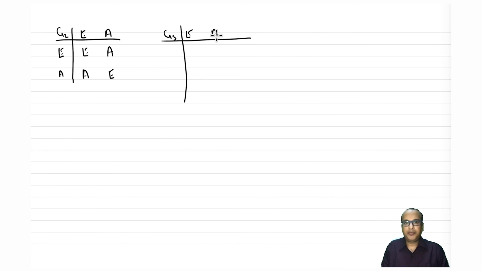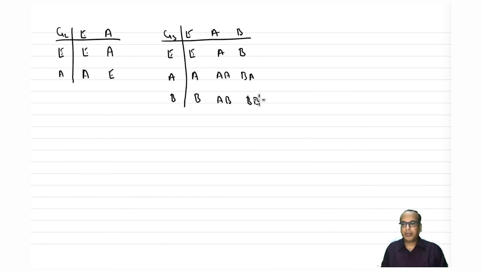So E, A, B across the top and E, A, B down the side. The first row will be the same as EAB because it is multiplied by E, and similarly this column will be EAB. Now we have to write the products AA, BA, AB and BB.